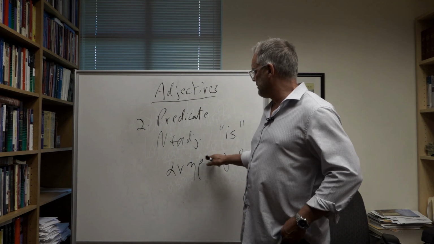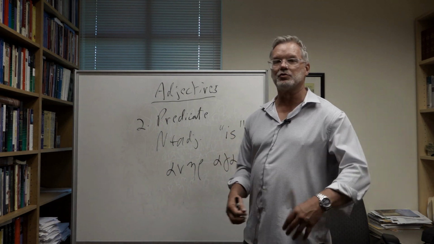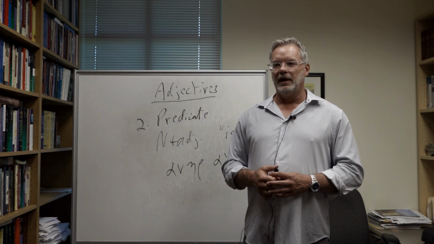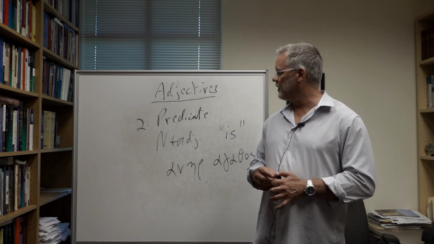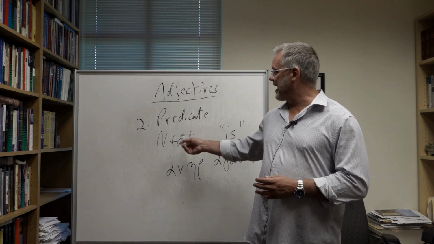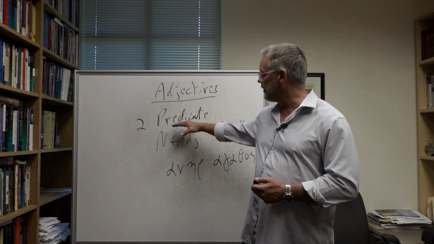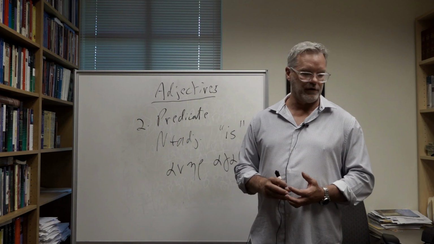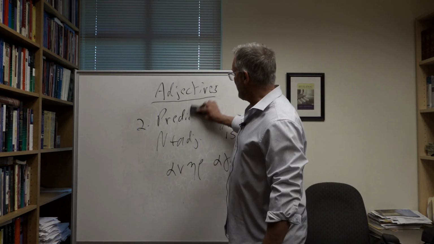And it's called the predicate construction because at least in English we insert the word is in the translation. And probably a slightly different force, a slightly different emphasis than number one, the attributive position. But in both cases, the adjective is modifying the noun in the attributive and the predicate, but we would translate this slightly differently.